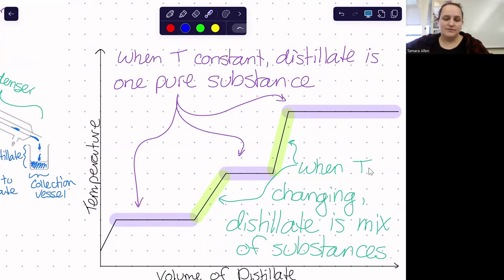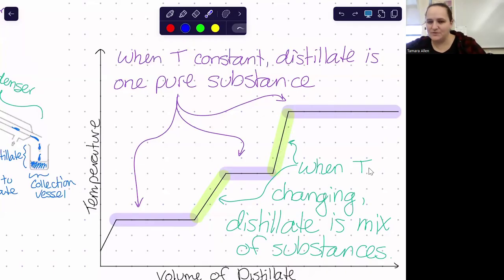But as you use higher grade equipment, there are multiple different kinds of distillation setups, or just improve your skill, you'll get steeper and steeper slopes so that you essentially have less waste. You have less volume being collected that is mixed. Your temperature essentially goes from one boiling point very quickly up to the next one with very little distillate collected in between.